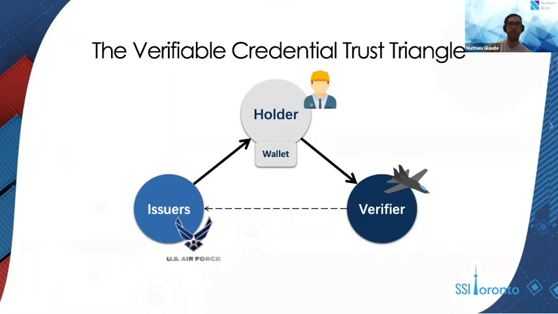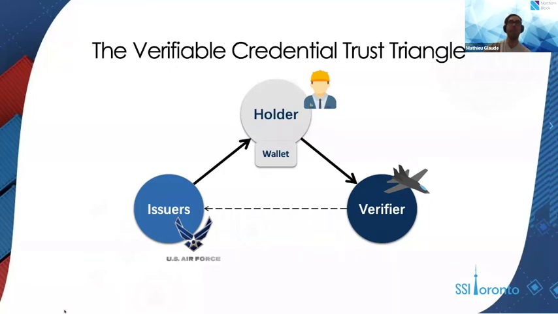And here, what we're looking at is that the Air Force has multiple internal issuers that are issuing credentials to a contractor that's being hired to do some maintenance work on an airplane. You could think about a chief security officer, for example, who could issue credentials on access to physical or digital assets as well, right?